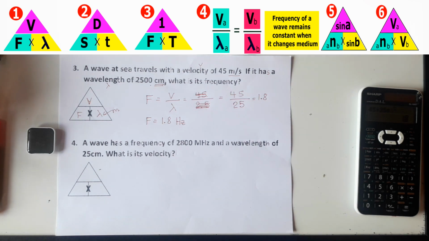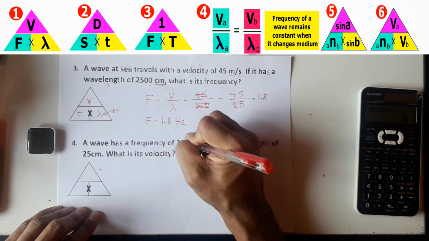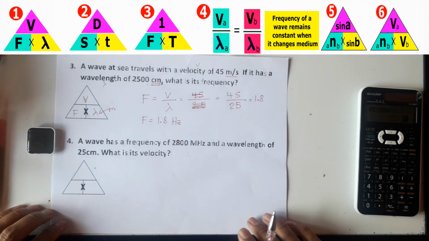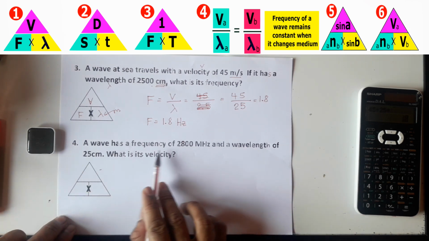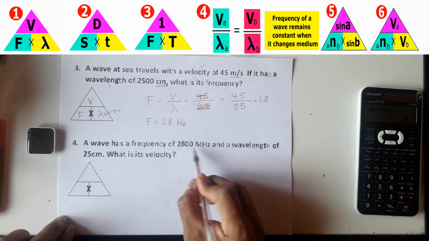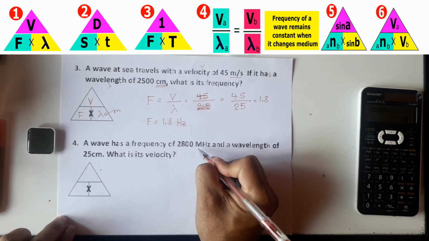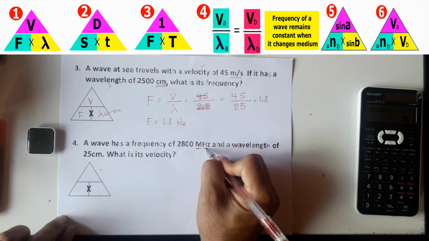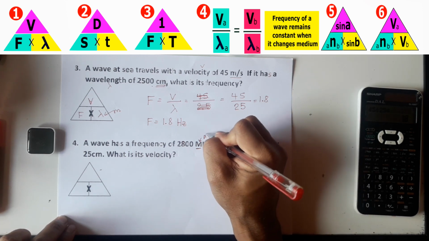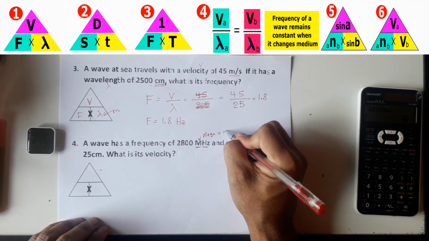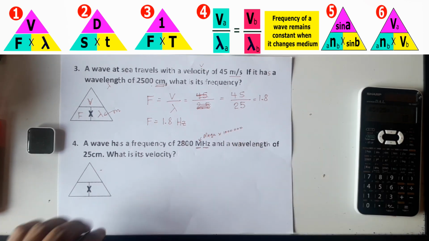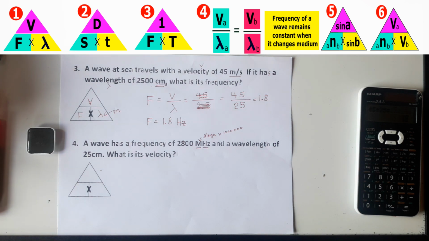All right, let's try another question here. I noticed that these questions were not printed out properly. It's a new printer I got, and I guess the ink is a little dry, so it's coming out like this. All right, a wave has a frequency of 2,800, but notice this symbol here, megahertz. Capital M stands for mega, and mega means you have to multiply by 1,000,000. That's a 1 with 6 zeros.